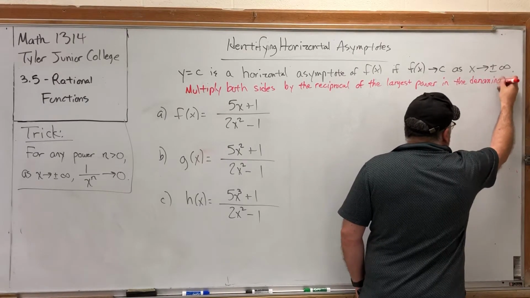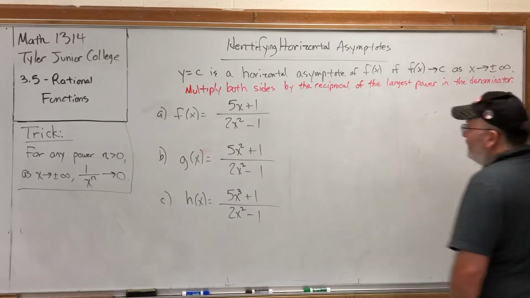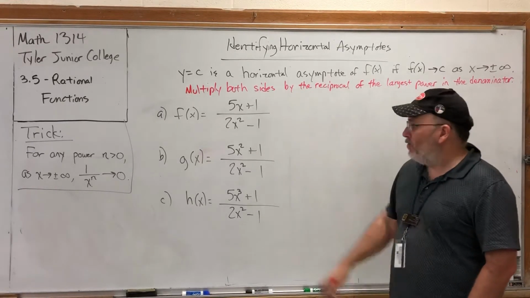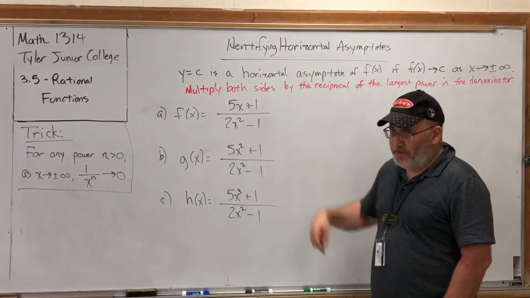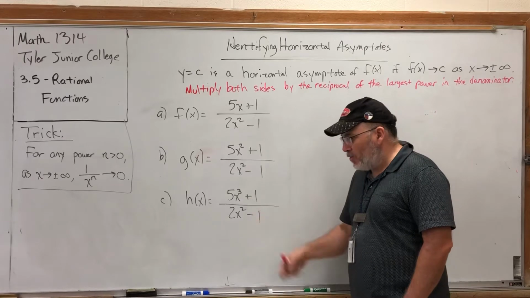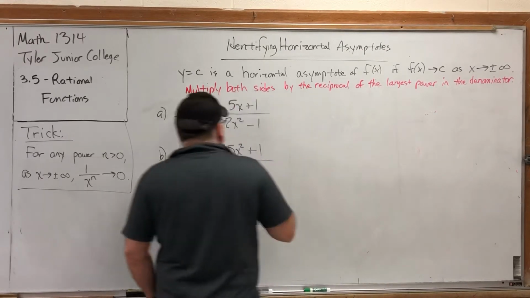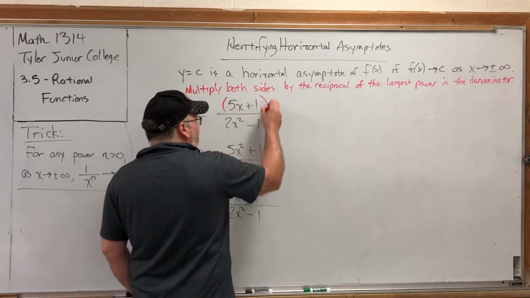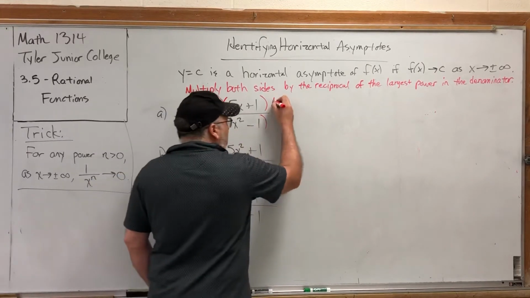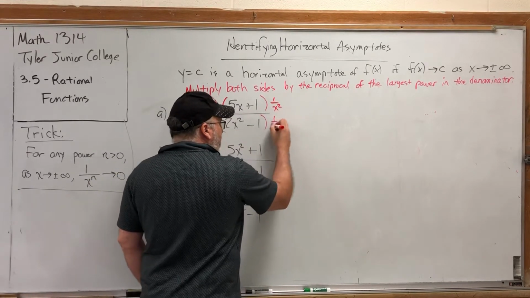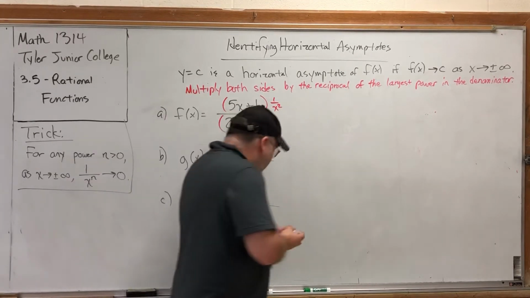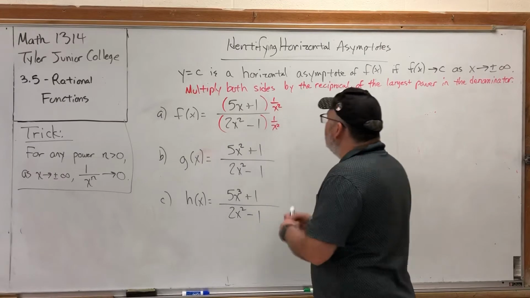Let me say that again, that's a lot of words. The trick is to multiply both sides of the fraction by the reciprocal of the largest power in the denominator. Now in all of these, the largest power in the denominator is x squared. So what this means on all of these is we are going to multiply both sides of this fraction by the reciprocal of x squared, 1 over x squared. What a mess it's going to make, but it's going to clean up real nice.